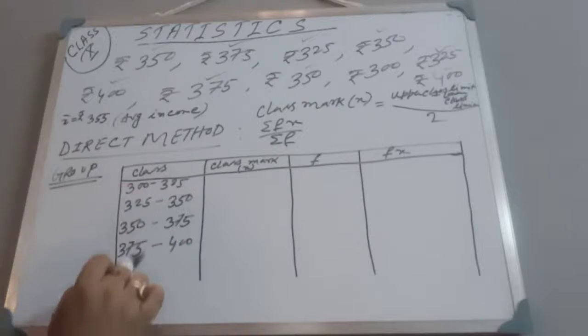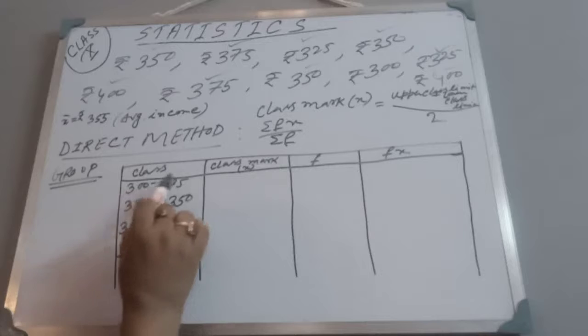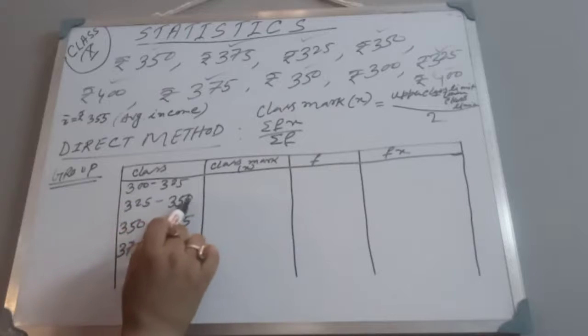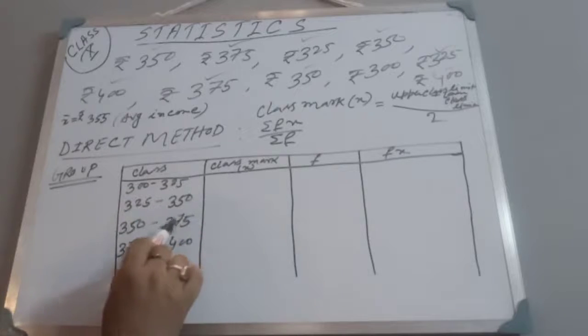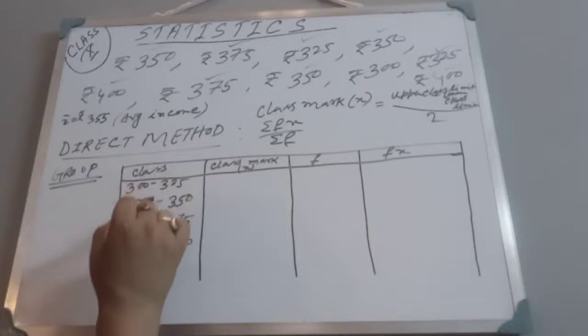Let us make the classes with a difference of 25. That means 300 to 325, next 325 to 350, next 350 to 375, and 375 to 400. These are the classes.